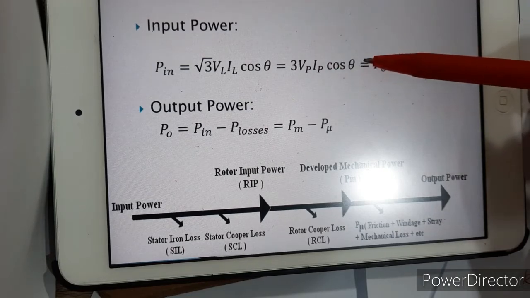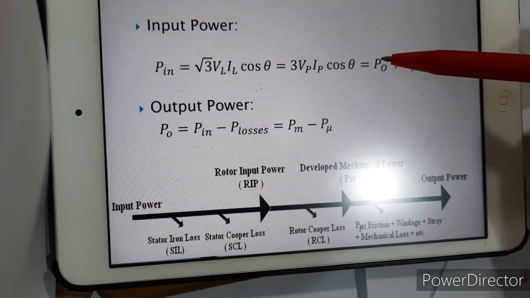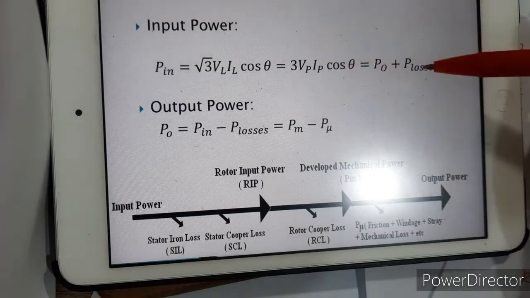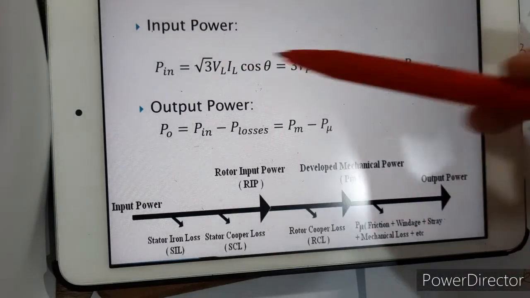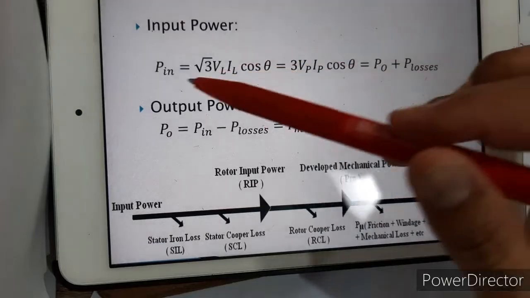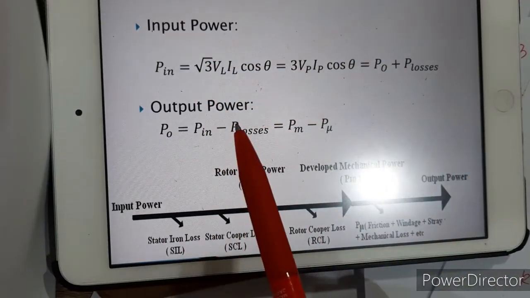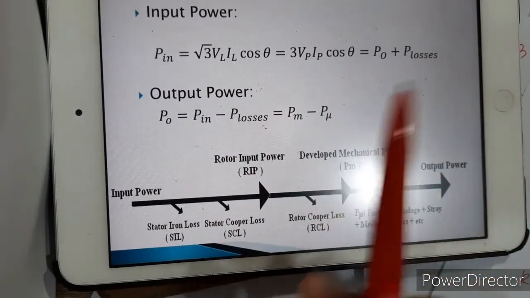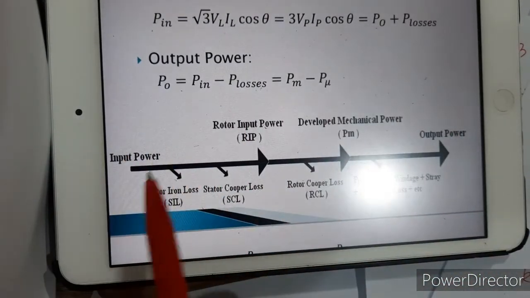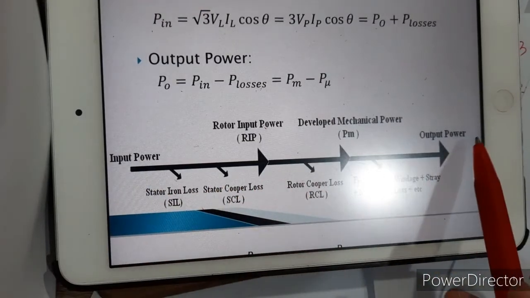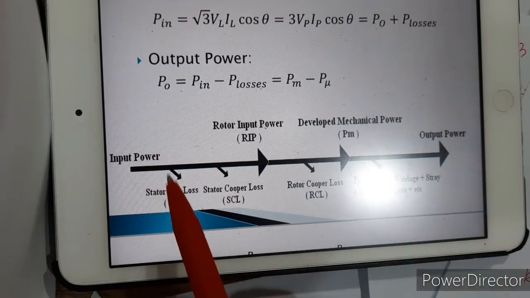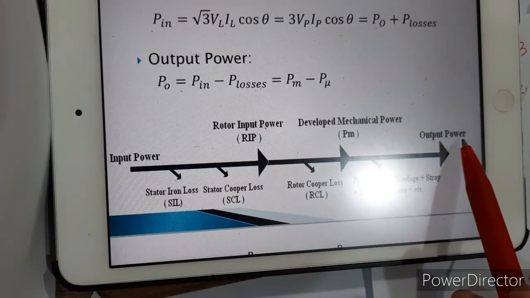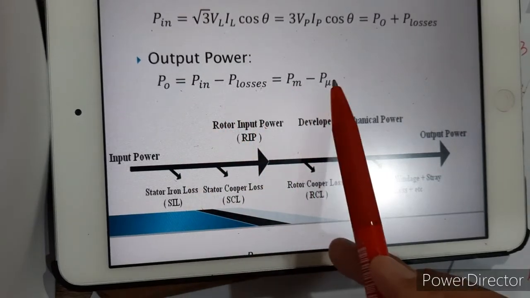So this one is in terms of phase parameters. And it is also equal to P out plus P losses. We can determine P in by P out plus P losses. All three equations are the same, which is to determine P in. And then for output power, P out is equal to P in minus P losses. So P in minus all the losses, you can get the output power. Or P out equals to PM minus P mu.